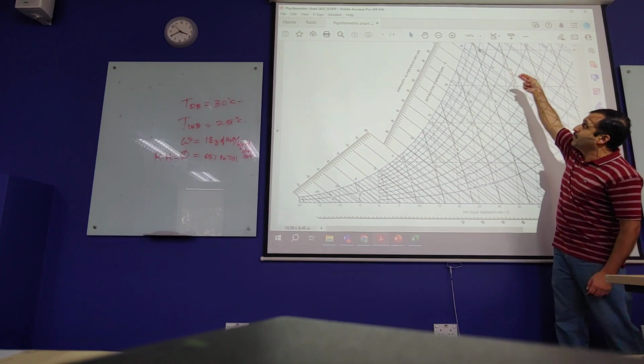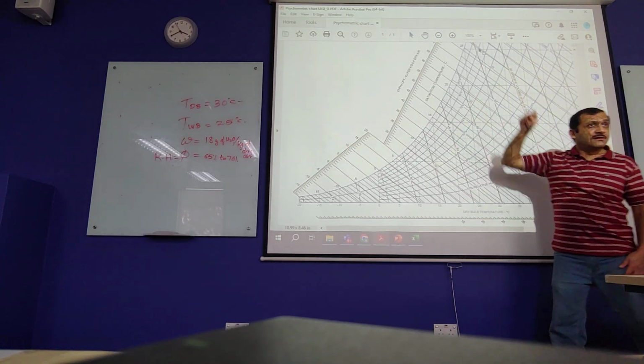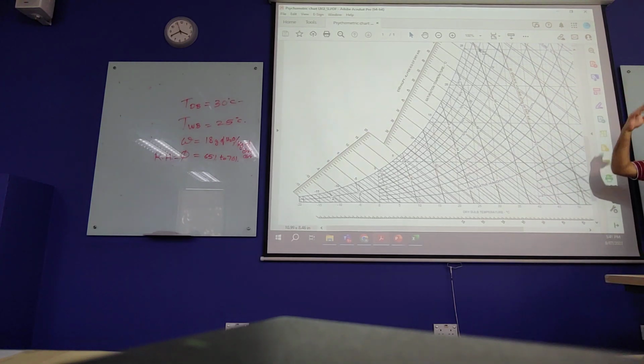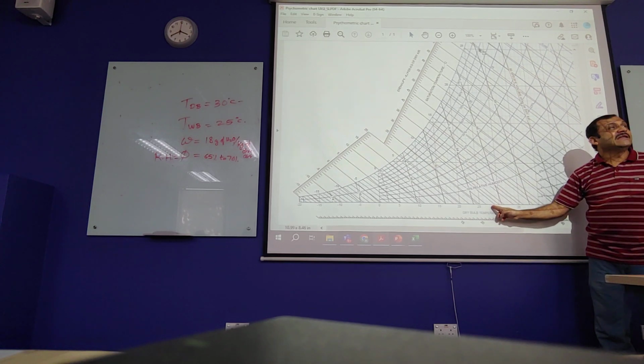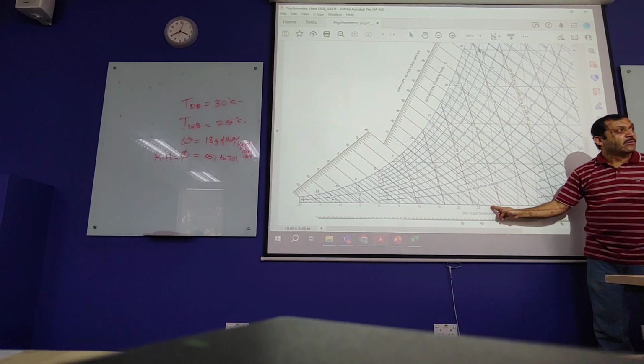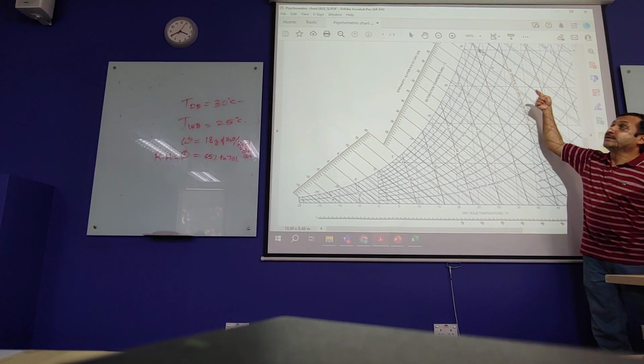What's going to happen if you go in that direction? Let's not even worry about 20 degrees. Let's say from 30 you have cooled it down to 28, 2 degrees cooling. What's going to happen to the relative humidity?